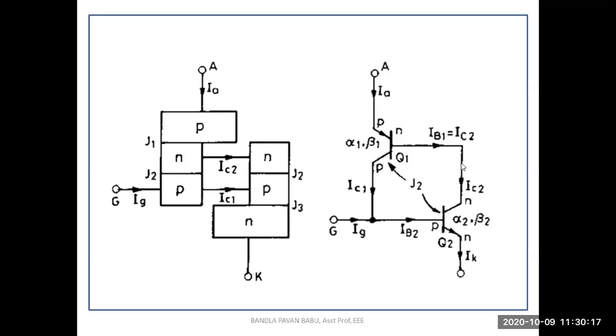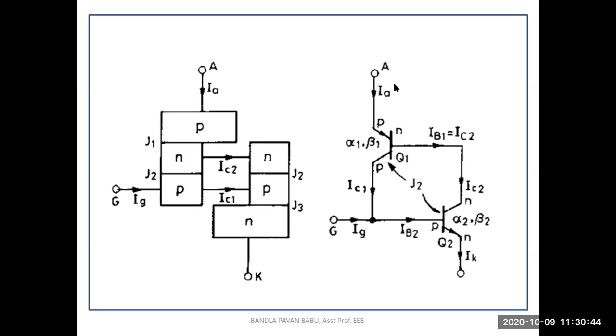So that is the equivalent circuit here, and the gains are alpha 1 and beta 1 for the first transistor, and the collector base gains for transistor T2 or Q2 are alpha 2 and beta 2. So both alpha and beta are the collector base gains. And the respective terminals are collector, emitter, and base.